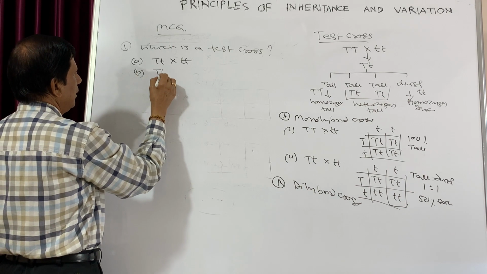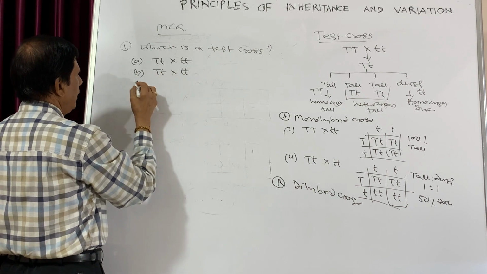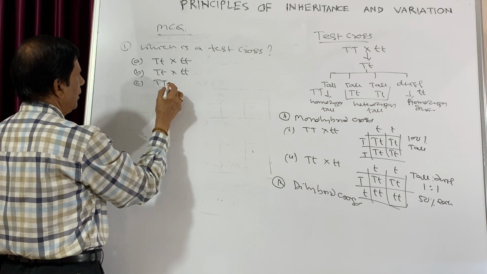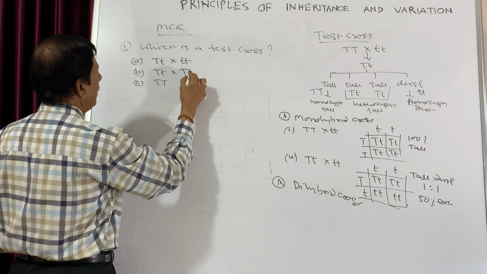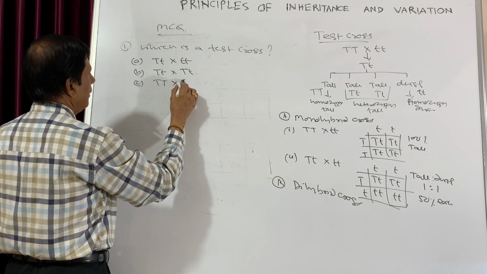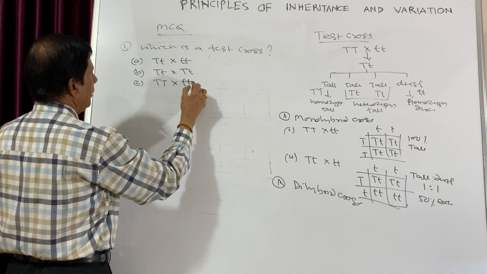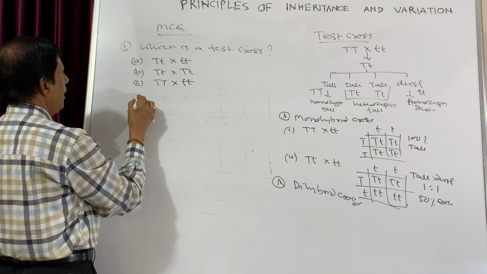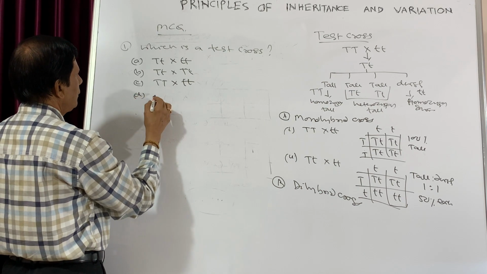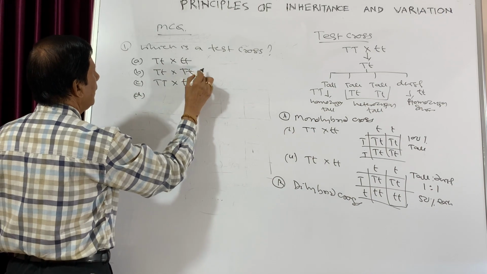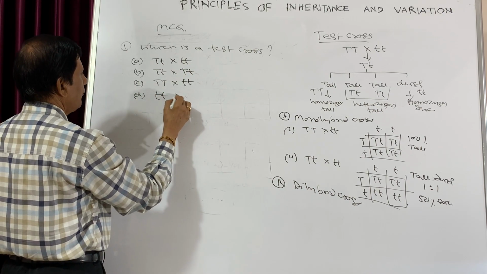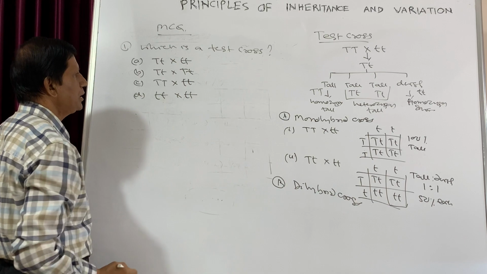Then this is one. Then this is one, and the other one you can write. Which is a test cross?